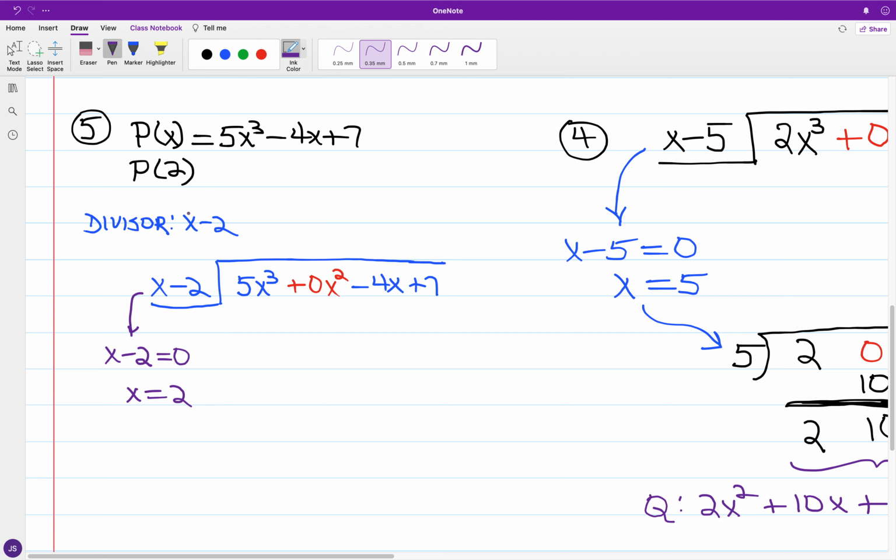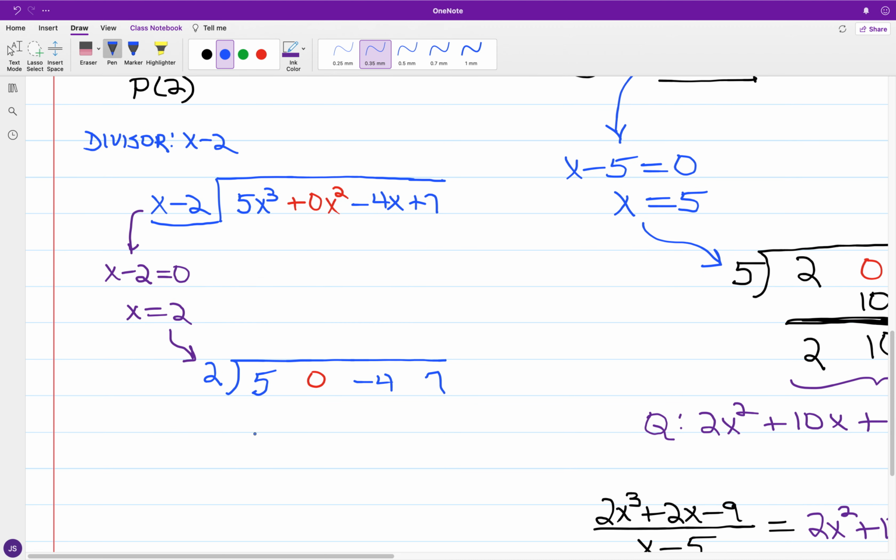Going back to the zero, in terms of synthetic division, you got 2, and with the coefficients you got 5, 0, negative 4, and 7. I'm setting up the synthetic division display as it would appear in the textbook. Normally I like this kind of separating, but regardless, it's still going to lead to the same result.